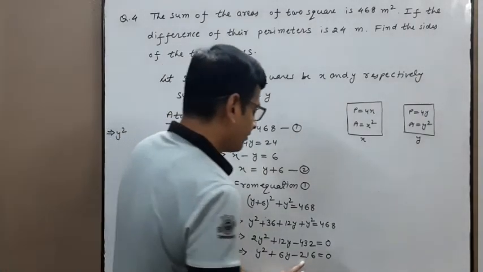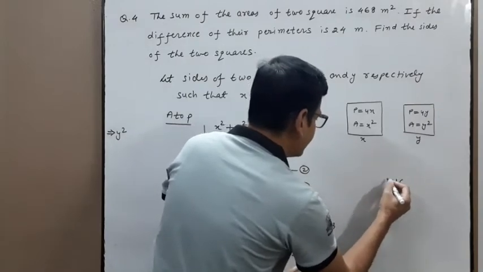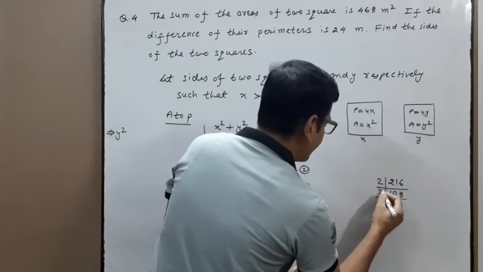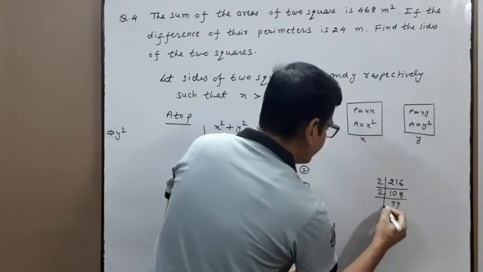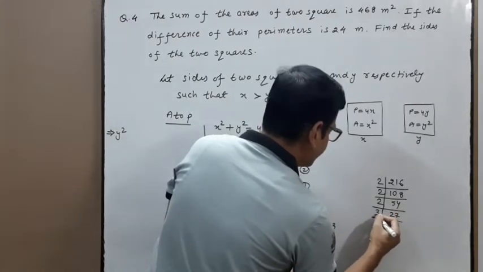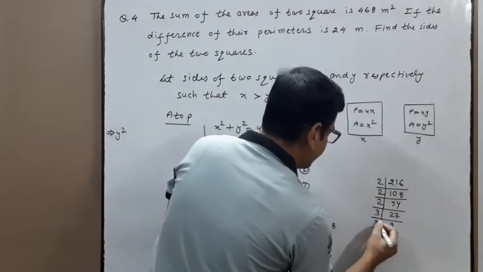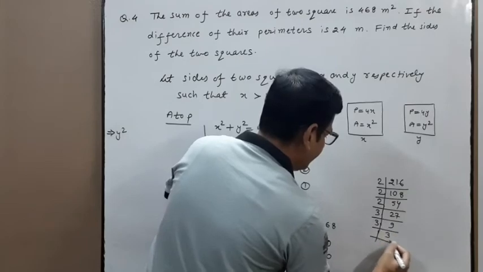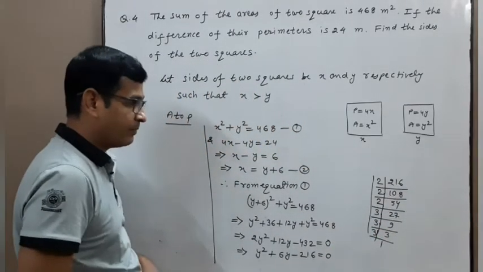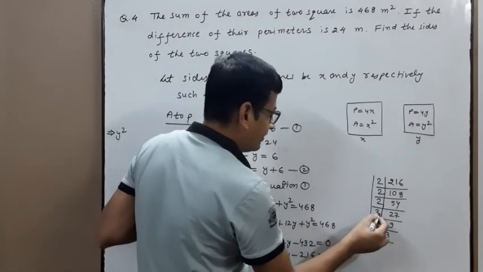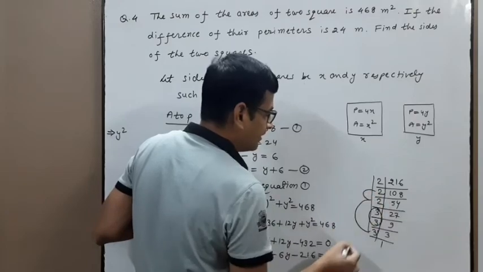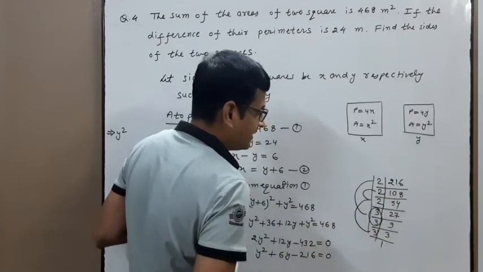So just find the factors of 216. 216, 2 108s, 2 54s, 2 27s, 3 9s, then 3 and again 3. So the product of these numbers is 216. Now prepare a pair: 3 threes are 9, 3 twos are 6, 2 sixes are 12, and 9 twos are 18. So 18 or 12.